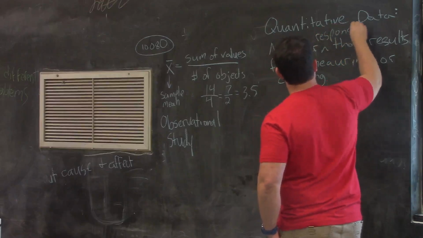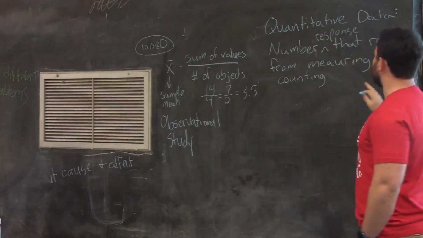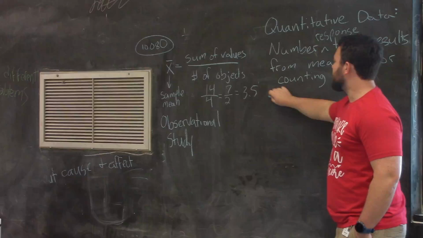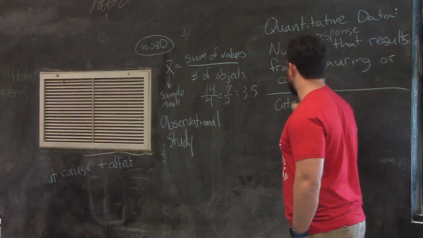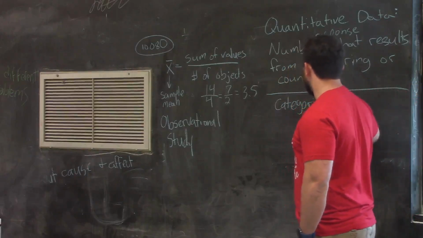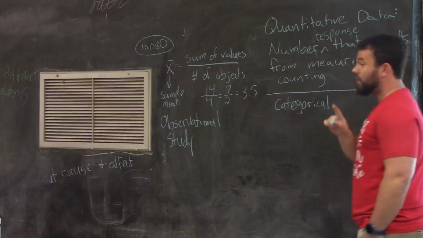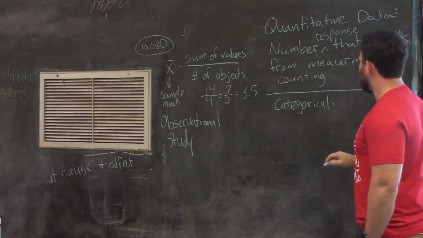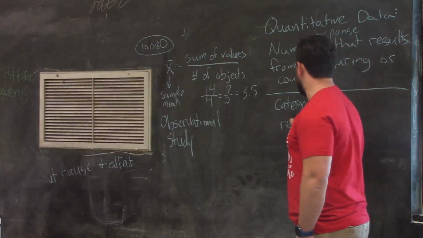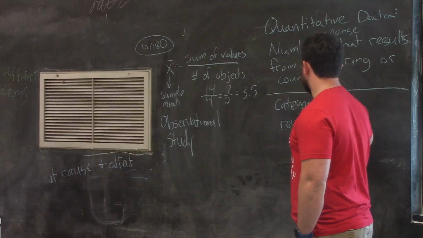And so it's important to say it's a number response that results from measuring or counting, because can we have numbers in categorical data? Yes, very much so. And so remember, you have the Frayer model, the notes, and the practice with answers already, but categorical, this is a response that what? It's in a category.